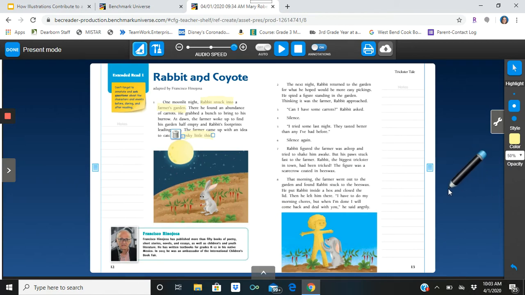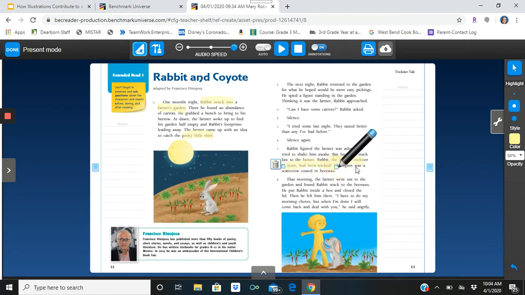Now, I keep going through, and another thing that stands out to me is another description of rabbit. That other description comes in about paragraph 7. So look here, it says, Rabbit figured the farmer was asleep and tried to shake him awake, but his paw stuck fast to the farmer. Rabbit, the biggest trickster in town, had been tricked.